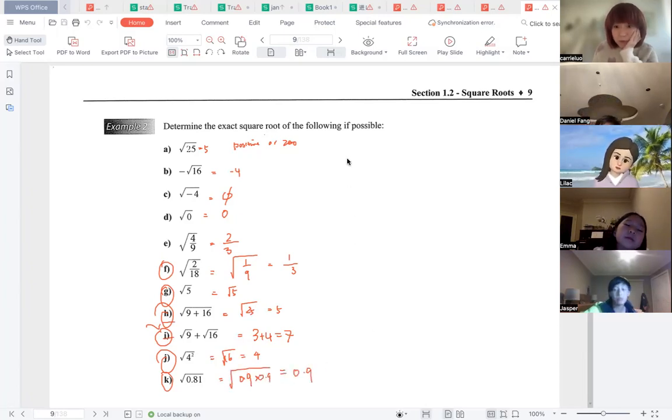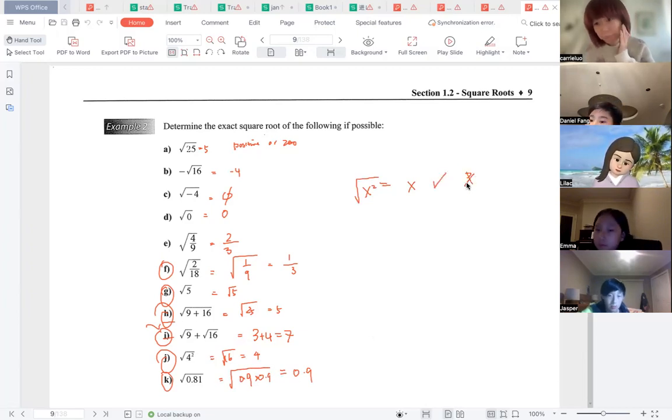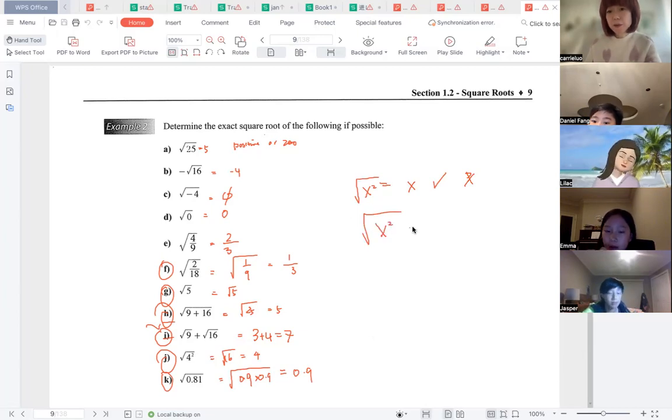So now let me ask you a very simple question. Okay, everybody, I want you to take a look. The square root of x squared equals x. Is it right or wrong? Let's take a look at this one. The square root of x squared equals x. Is it right or wrong?